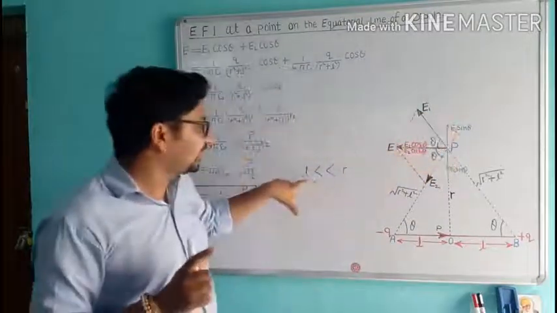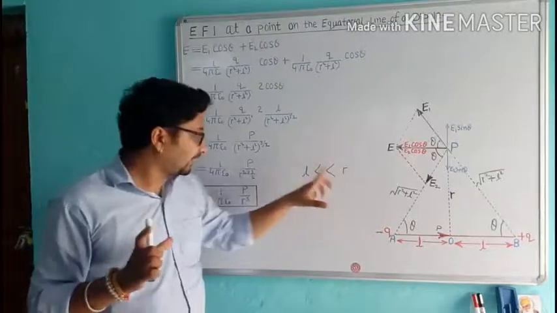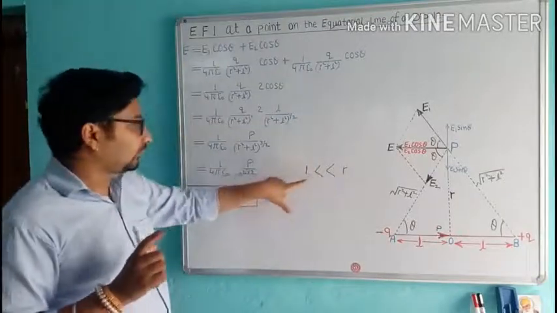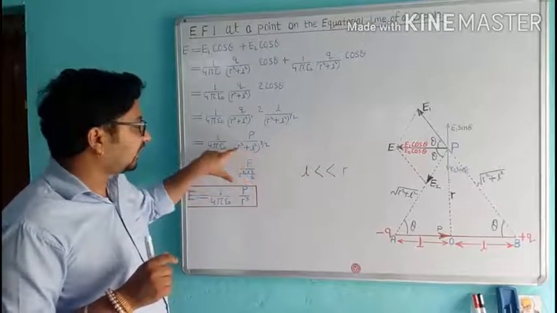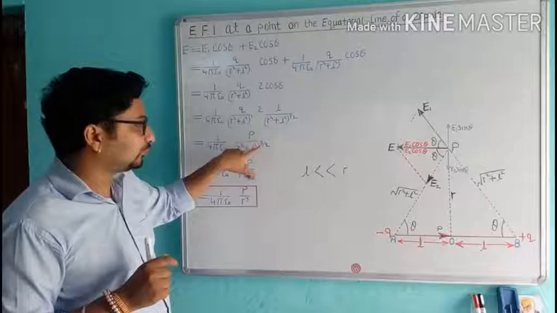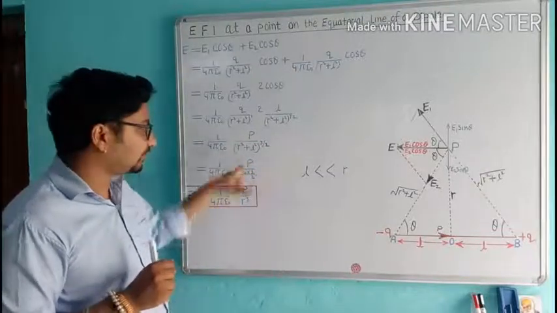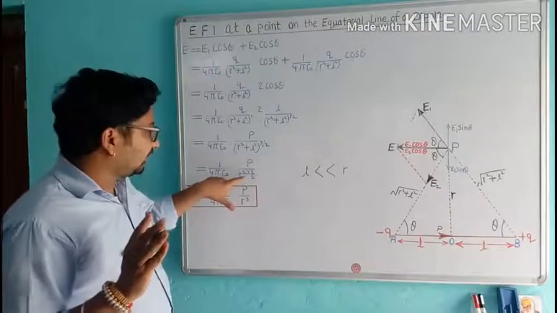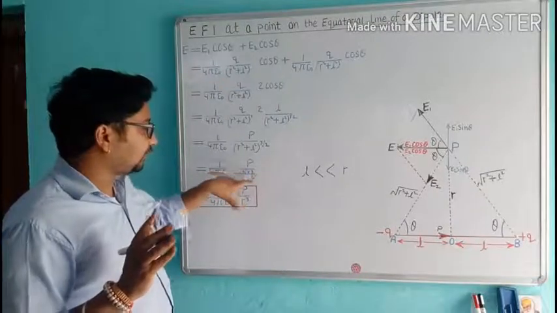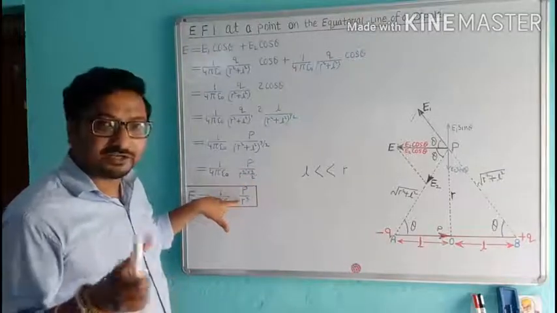So we just ignore the length L when we compare it to R. When we ignore L, we put L equal to 0, ignore this term, and then we get R square to the power 3 by 2. The 2 cancels out, and we get R cube in the denominator.